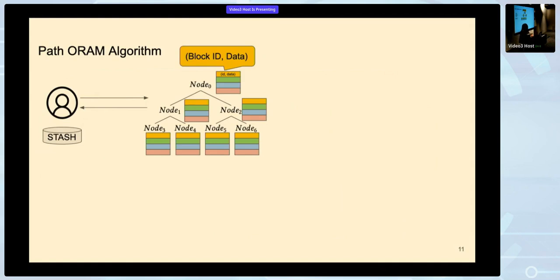Stash, like I mentioned before, is on the client side. So the client can see it, and the attacker won't be able to see it. And we also have a position map. It's essentially a dictionary that maps all the block IDs to the nodes. I'll give an example. And it's dynamic, to maintain the relationship between block IDs and nodes.